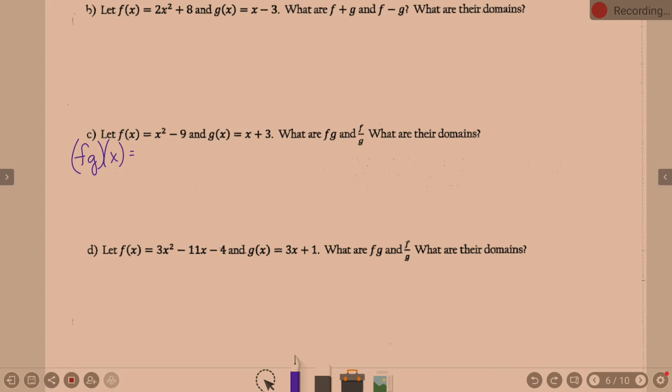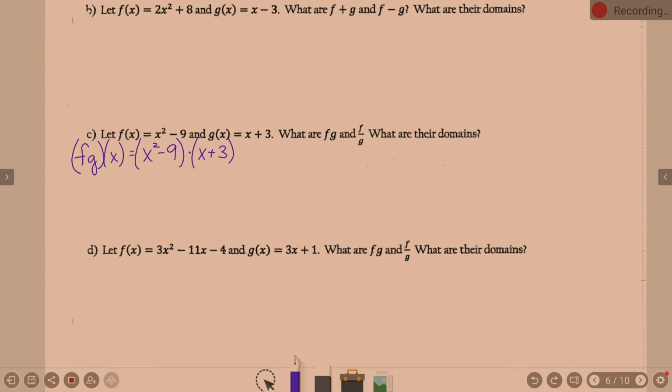But f times g. What is f? F is x squared minus 9. What is g? X plus 3. Technically, what needs to be around both of those binomials? Parentheses. Okay.